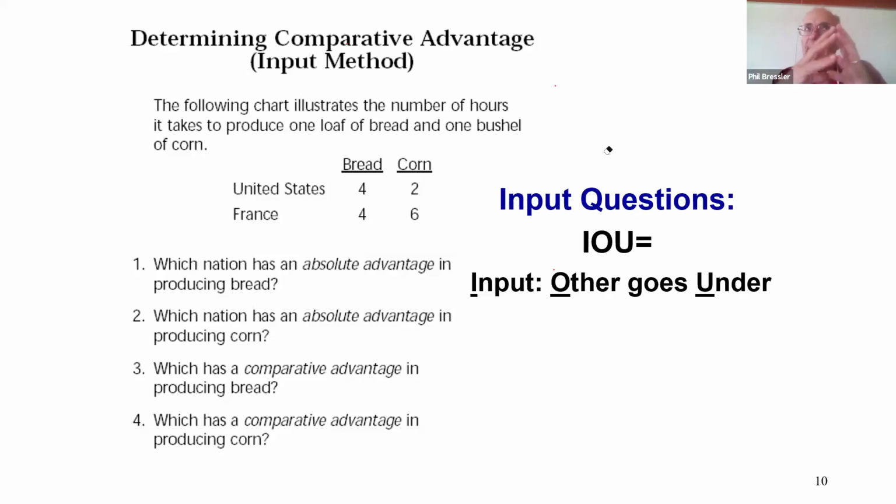Remember, absolute advantage is who can make the greatest amount of output or use the least amount of input. So look at questions 1 and 2 and think about it for 30 seconds, and then I'll ask you for the answers for those two.